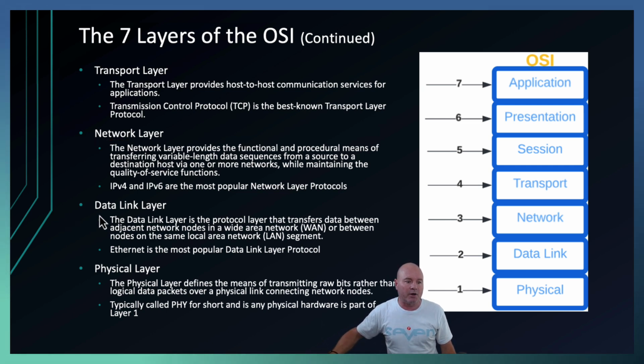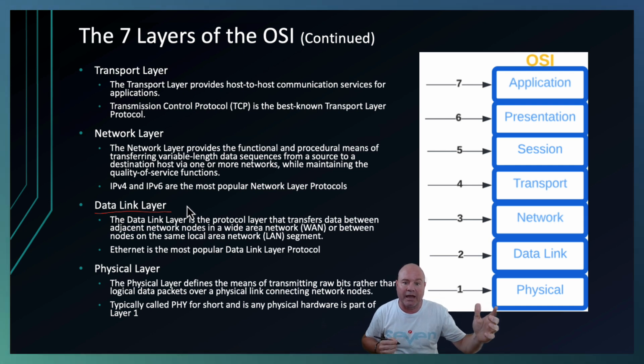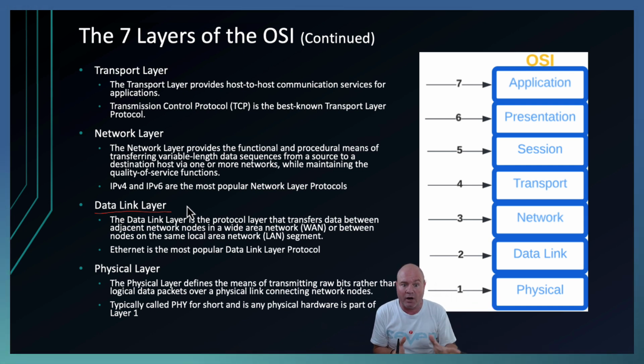Next, after the network layer, we come to the data link layer. The data link layer is going to be based on each individual link. So if the network layer was the entire path on how to get from your house over to the post office, the data link layer would be each turn.